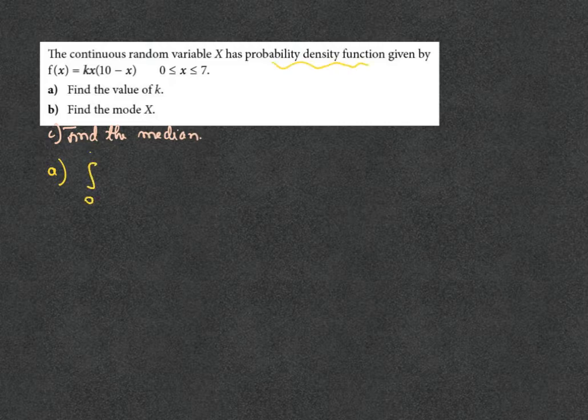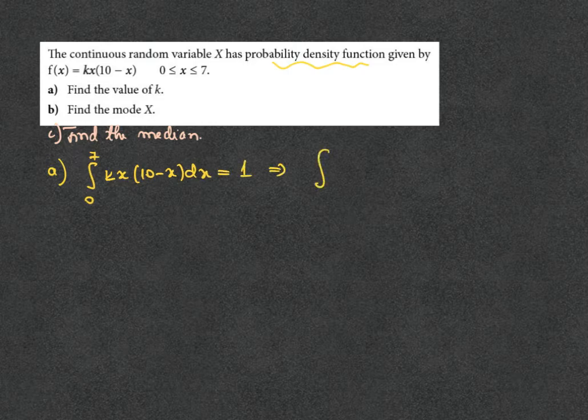So we know it is when the integral from 0 to 7 of kx(10 minus x) dx is 1. Therefore, I'm going to open the brackets: the integral of 10kx minus kx squared dx from 0 to 7 is 1.